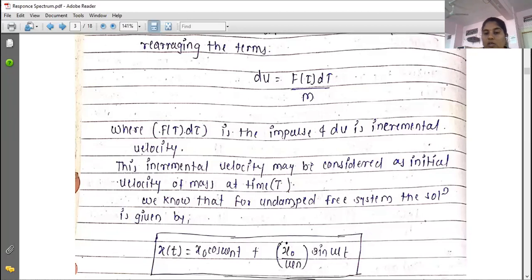The incremental velocity may be considered as the initial velocity of the mass at time t equal to 0, which we already saw in the first derivation for the undamped free vibration system.